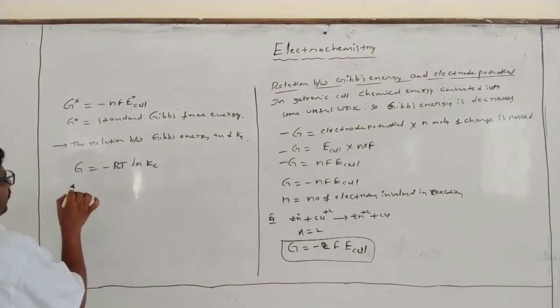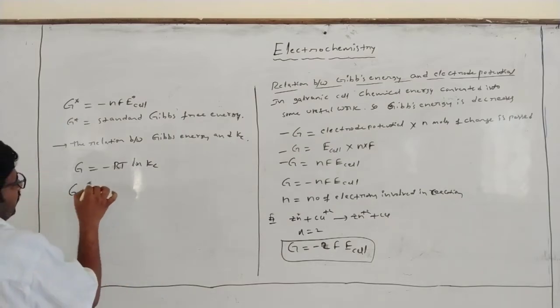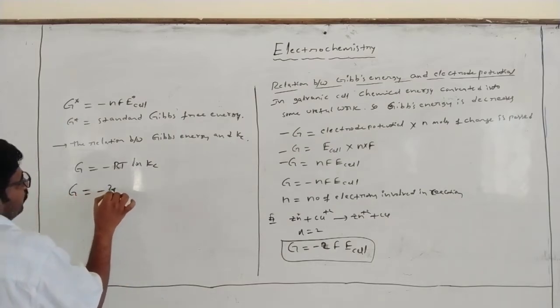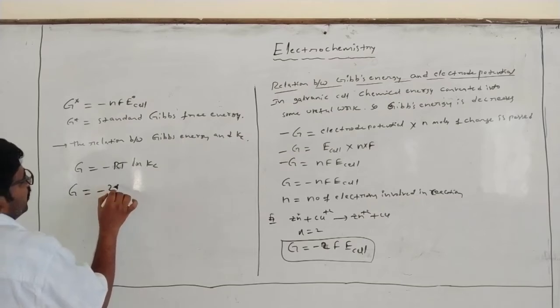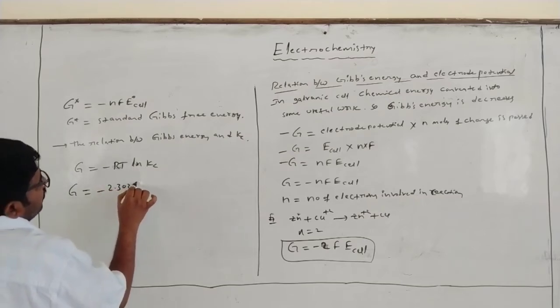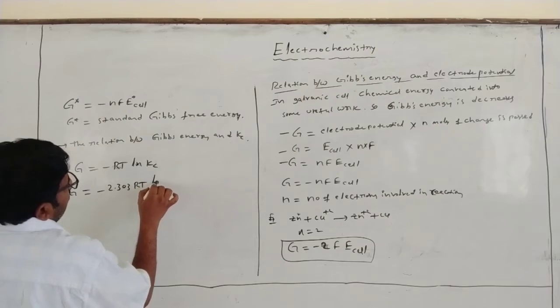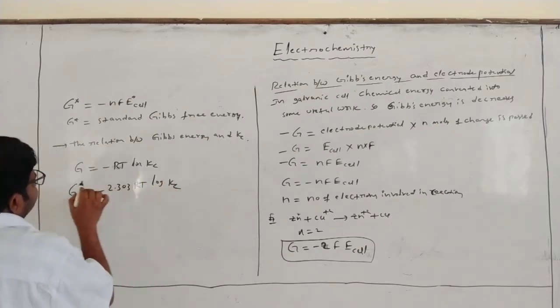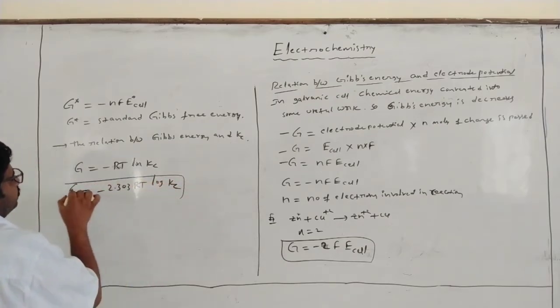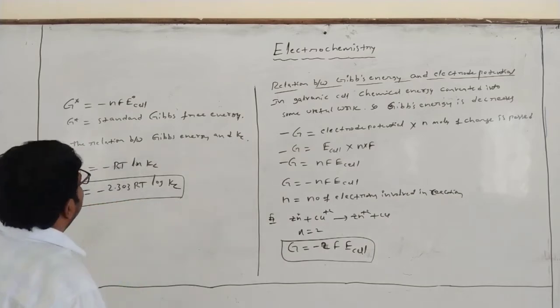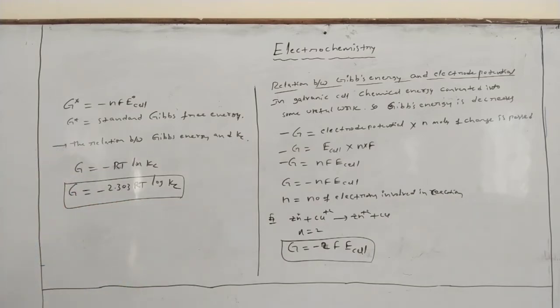This can be converted into ΔG equal to minus 2.303 RT log Kc. So this is the relation between Gibbs energy and equilibrium constant. Right. This is the next equation related to everything.